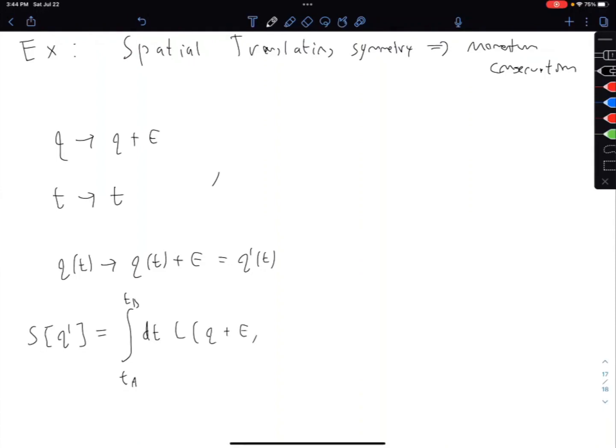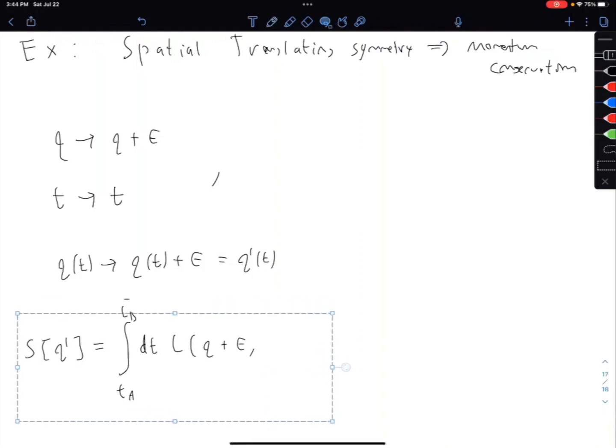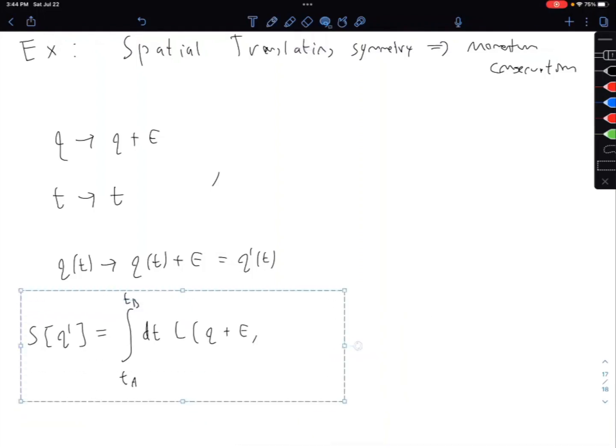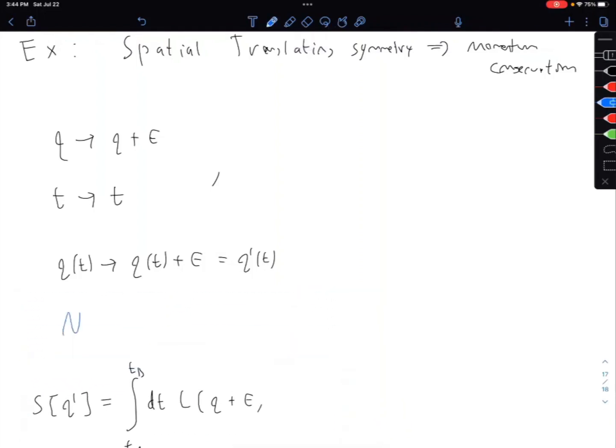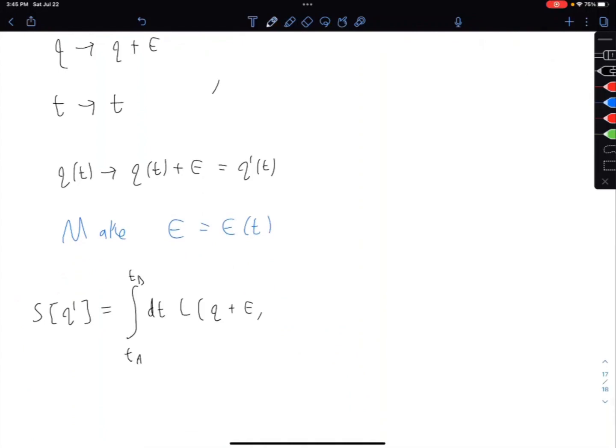Remember, make epsilon depend on time, and then substitute it in. So that means that this will be q̇ plus ε̇. If you didn't make epsilon depend on time, you would forget to write this ε̇, because you would think that the parameter was constant, so its derivative would vanish. But remember, you always make the parameter depend on time first.